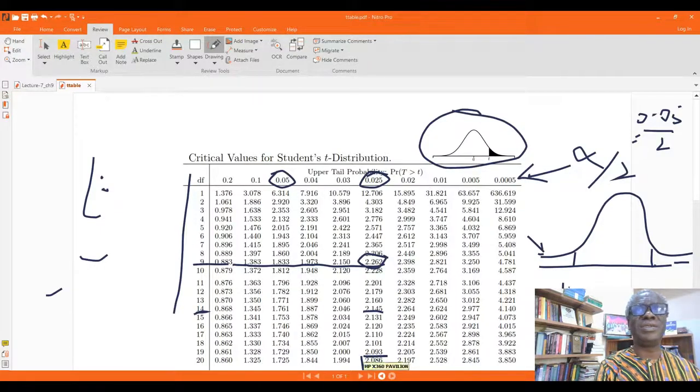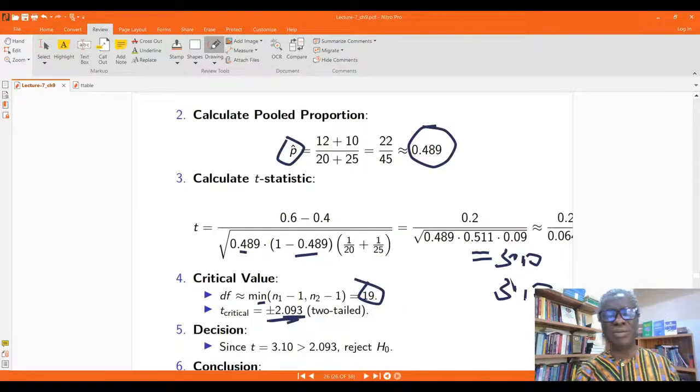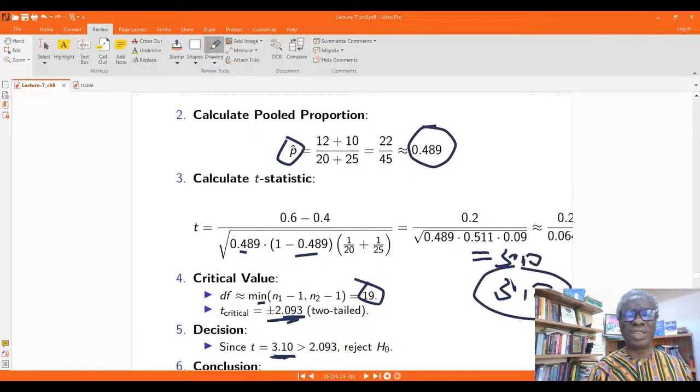2.093. So that is how the T critical value is obtained from the table. So we can now compare. Since the T that we computed, 3.10, is greater than the T critical, we reject the null hypothesis.